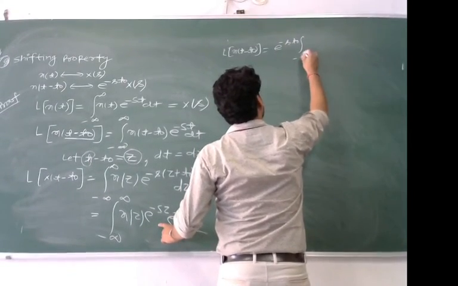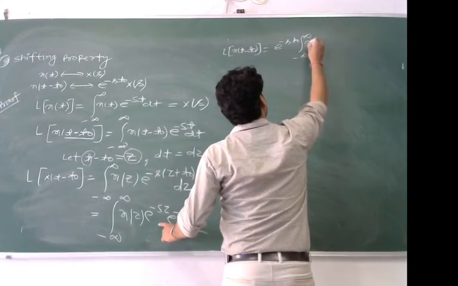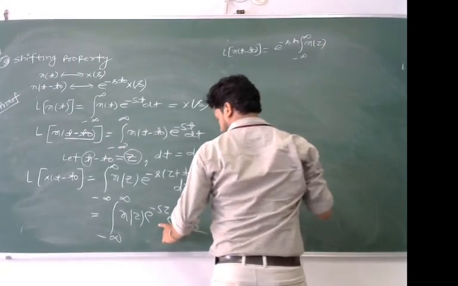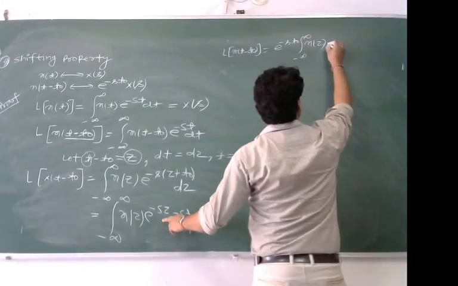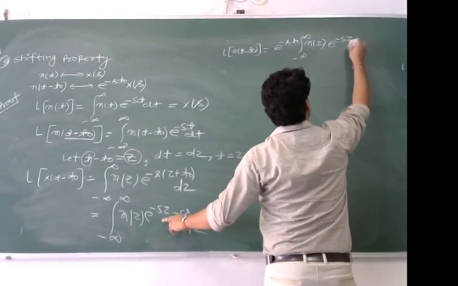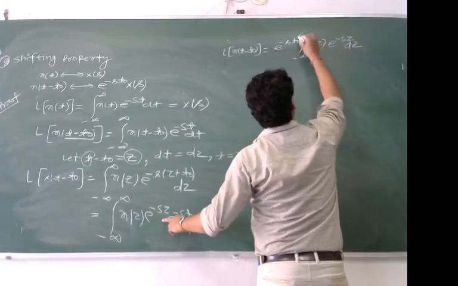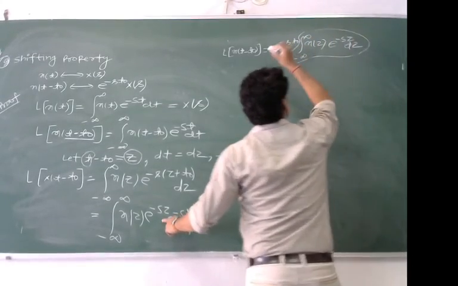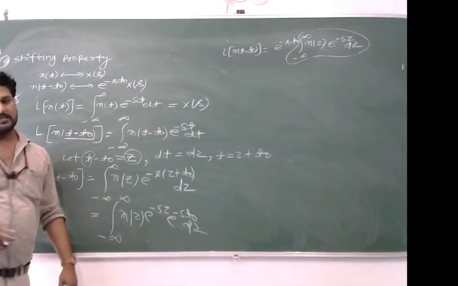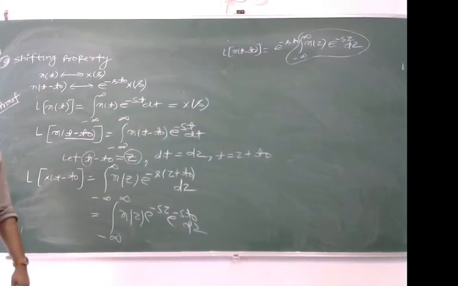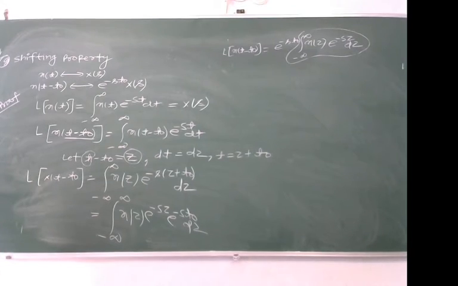This integration is from minus infinity to plus infinity x of z e power minus sz dz, and this is the Laplace transform of the given signal x of t, but there is a change in the variable: in place of t, the variable is z here.